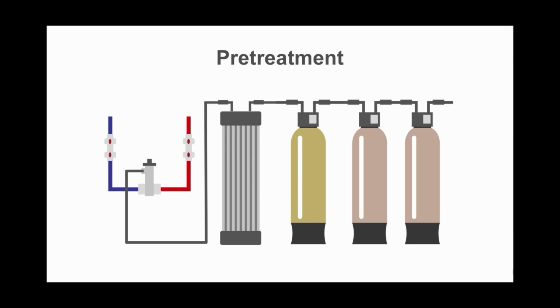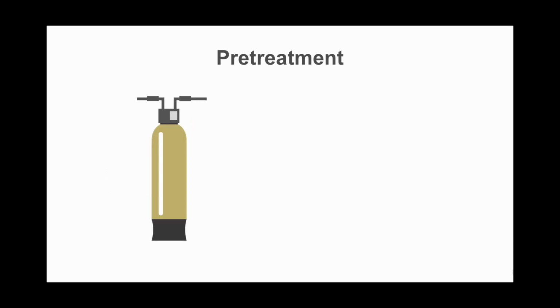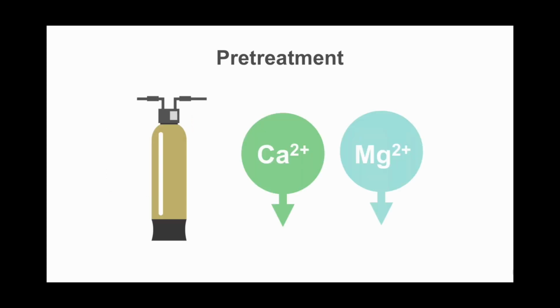then a softener. In the softener, the calcium and magnesium salts present in the municipality water supplied to the hospital are removed by ion exchange. And ion exchange with what? There are resin beads present in this softener that contain sodium. So calcium and magnesium are removed from the treatment plant.